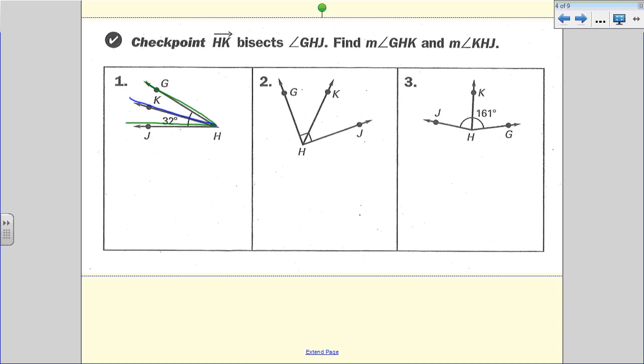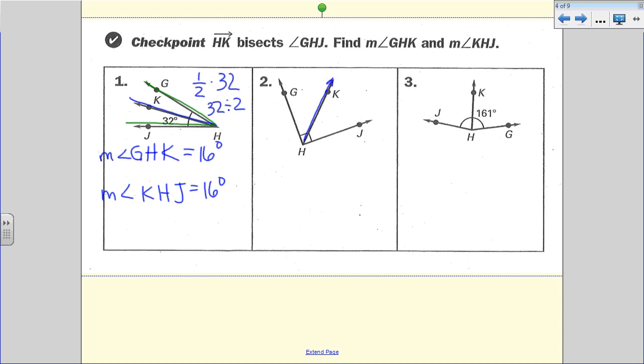They want me to find the measure of angle GHK and the measure of angle KHJ. If my entire angle is 32, I take half of that, so 1/2 times 32, or you can simply do 32 divided by 2, and we get 16 degrees for both of those.